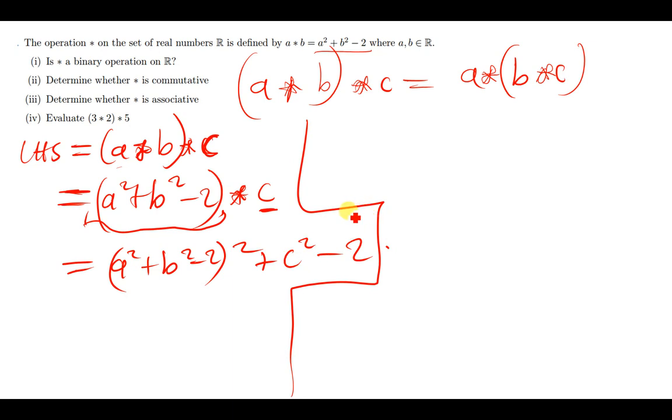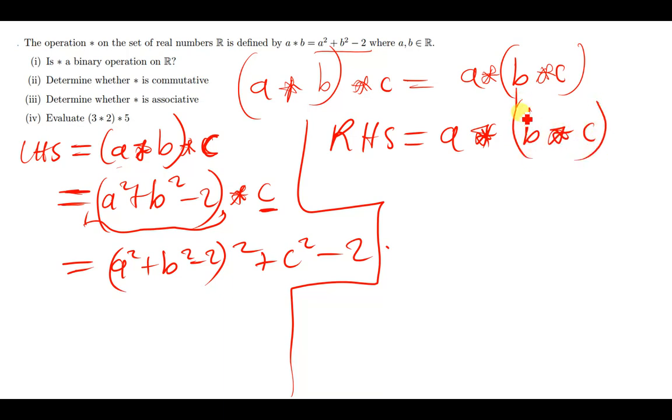Let us also now look at the right hand side. For the right hand side, we're dealing with A star B star C. We first deal with what is in the brackets there.